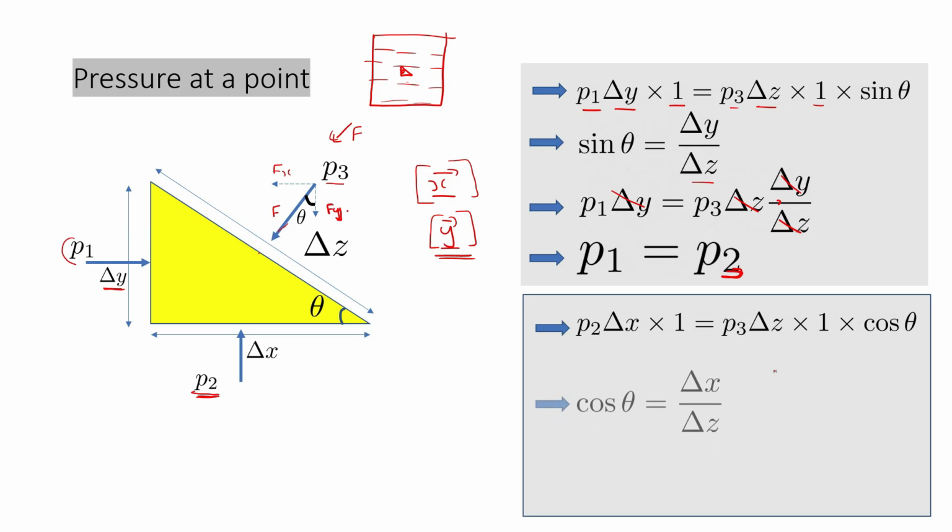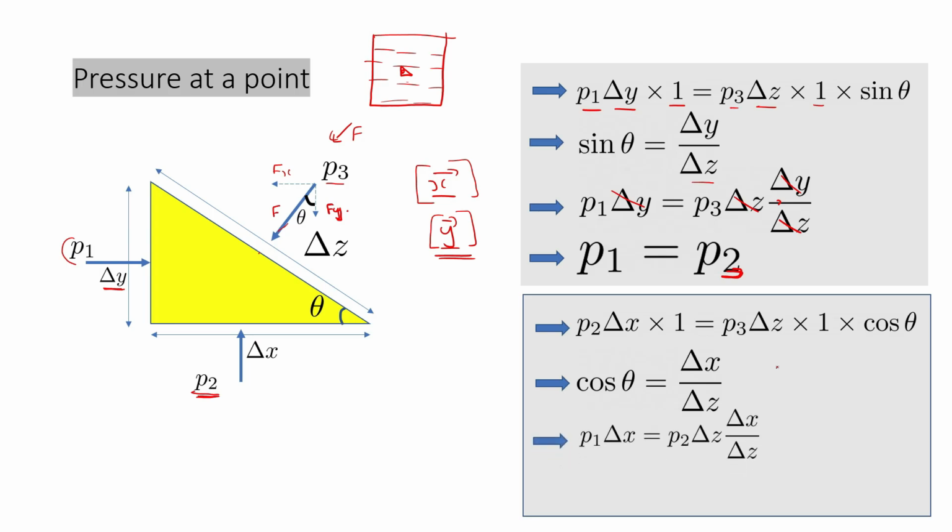And you know cos theta is equal to delta x by delta Z. That is basic trigonometry. And if you substitute cos theta here, this is P2 and this is P3.